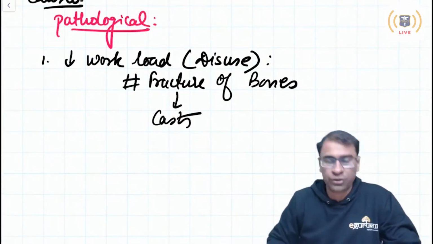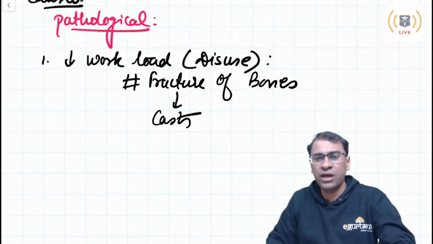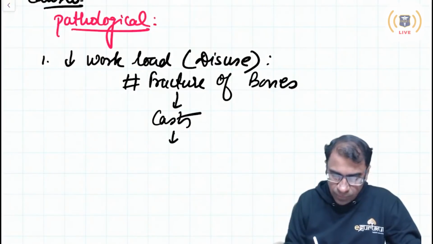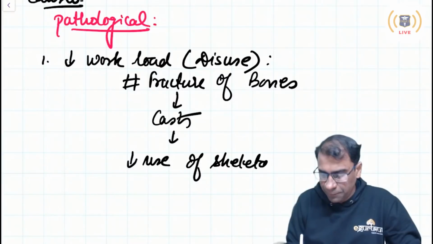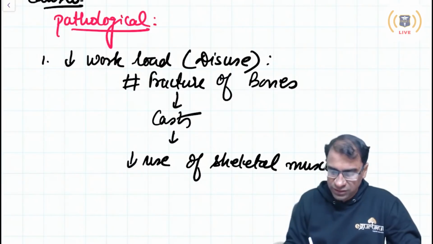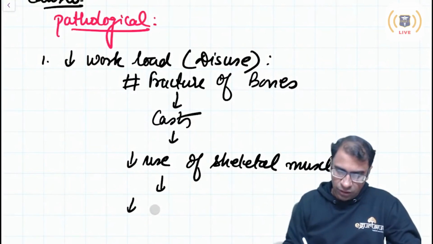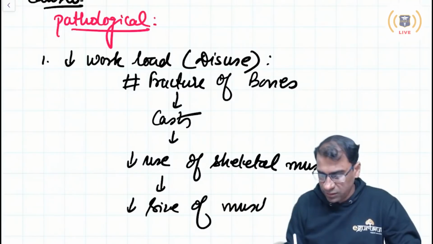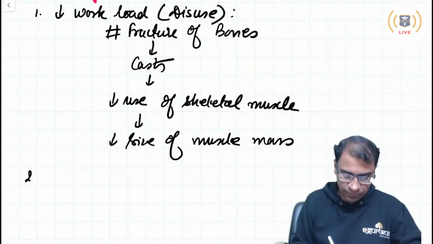So disuse atrophy, because of the fracture and the cast, there is reduced use of the skeletal muscles, and because of which there is decreased size of the muscle mass. That's the first one.